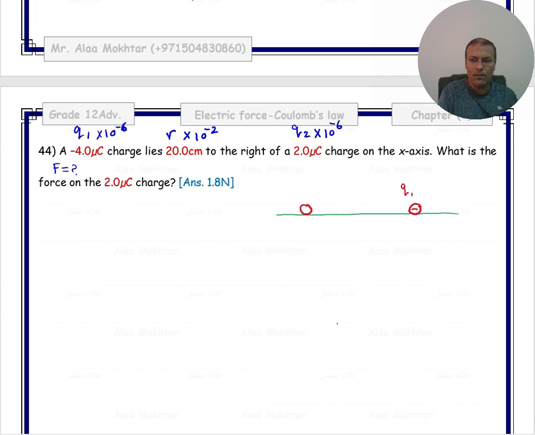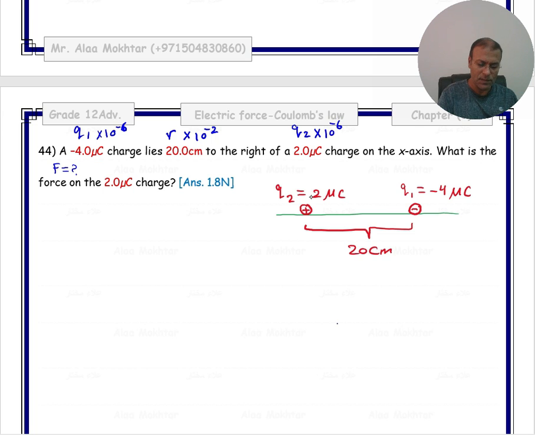This is Q1, negative 4 microcoulomb, and the positively charged one will be on the left, Q2, equal to 2 microcoulomb, because the negative charge lies on the right side of this positive charge. The distance between the two charges is 20 centimeters. We need to find the force exerted on the positively charged one.